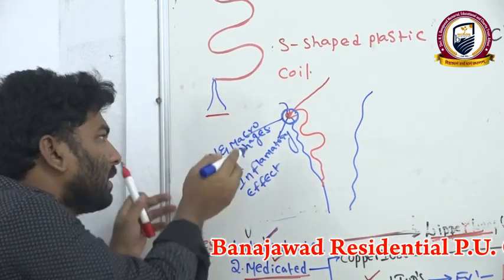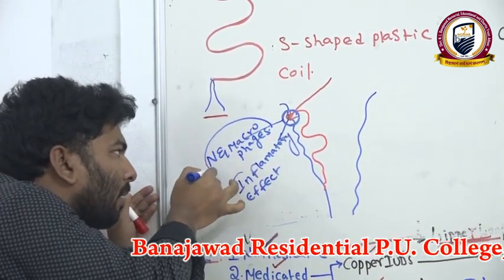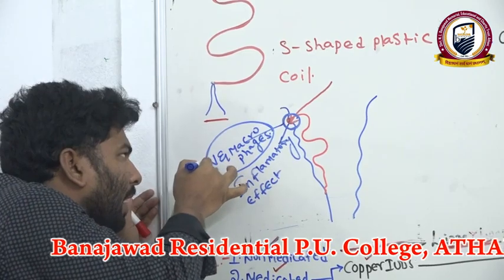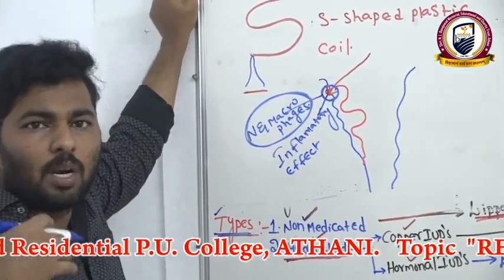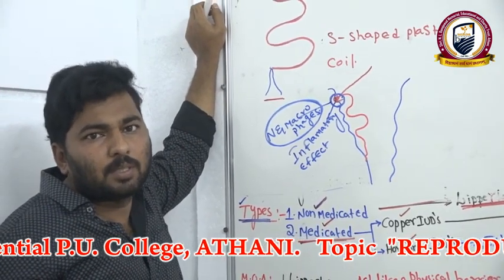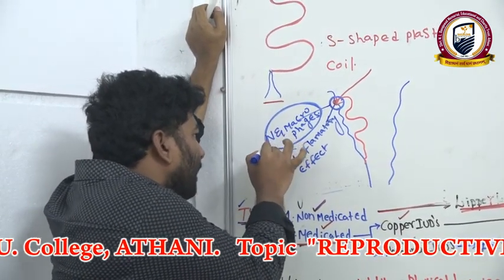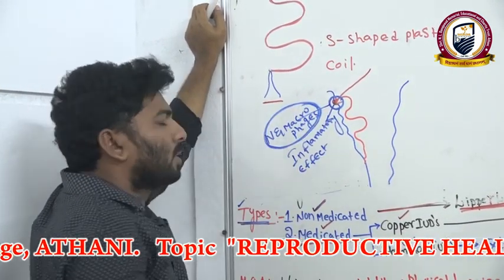Okay, macrophages. These have the ability to undergo the phagocytosis process.